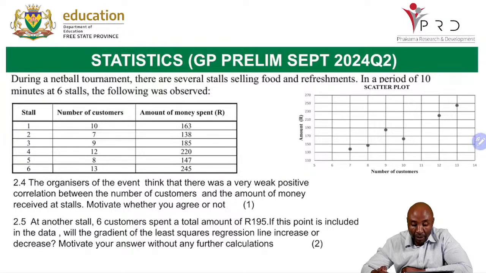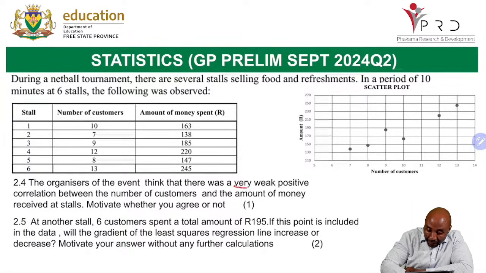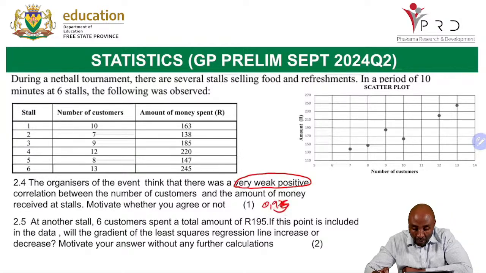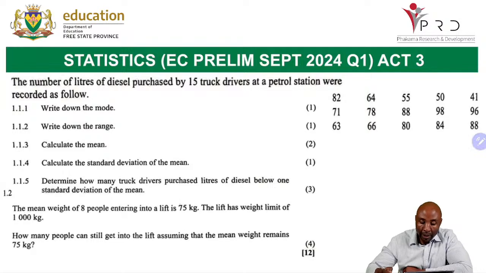So that becomes your reason. You are looking at the value and then you comment. It's a very weak positive, yet you got 0.95, which is a very strong positive correlation.